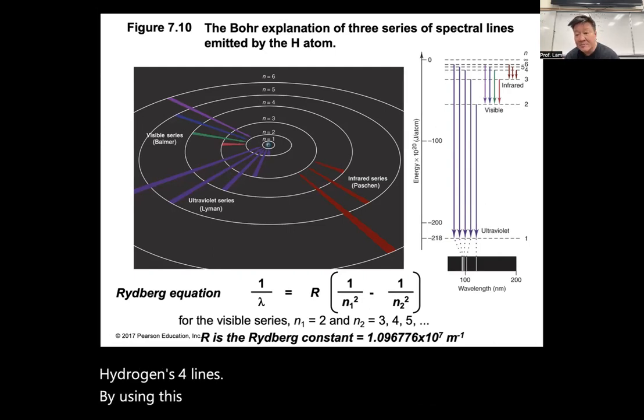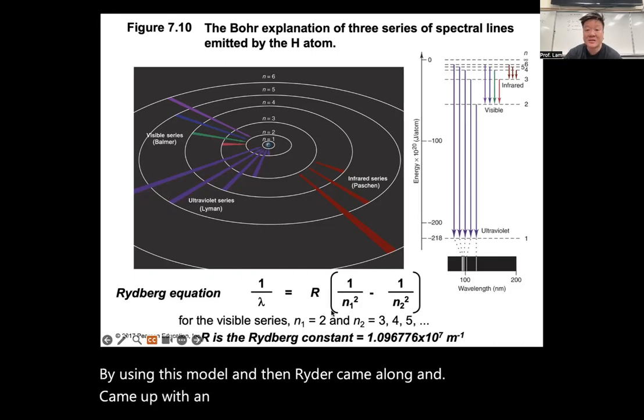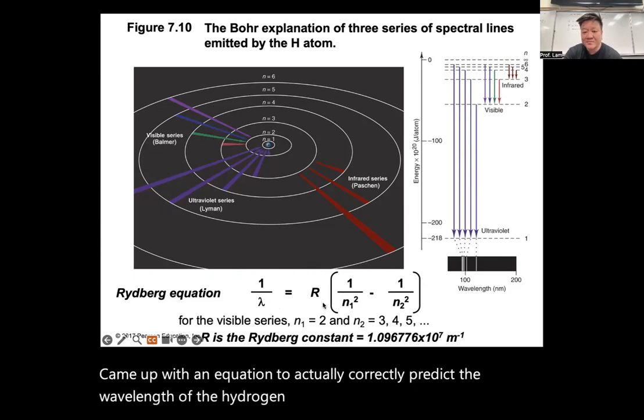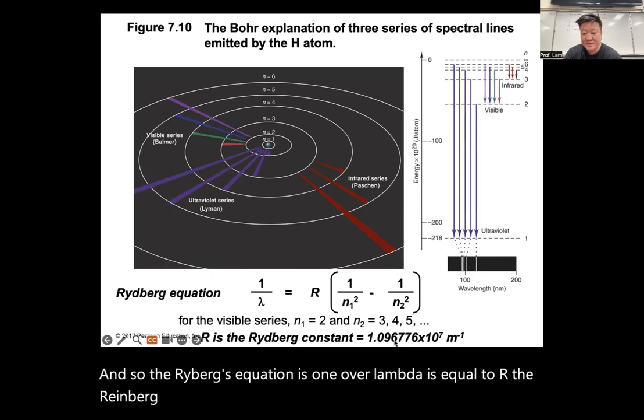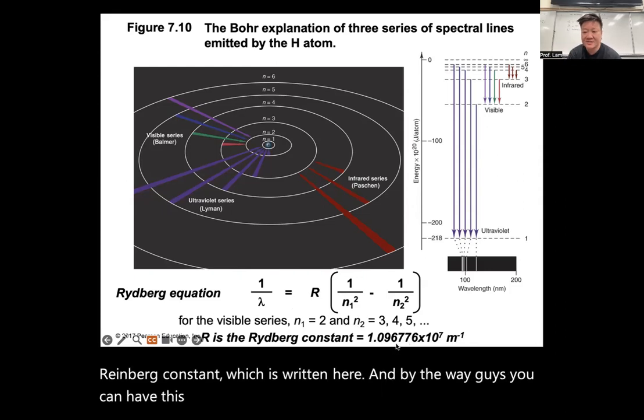And then Rydberg came along and came up with an equation to actually correctly predict the wavelength of the hydrogen series. And so Rydberg's equation is 1 over lambda equals R, the Rydberg constant, which is written here. And by the way, guys, check to see if the Rydberg constant is on your conversion sheet.